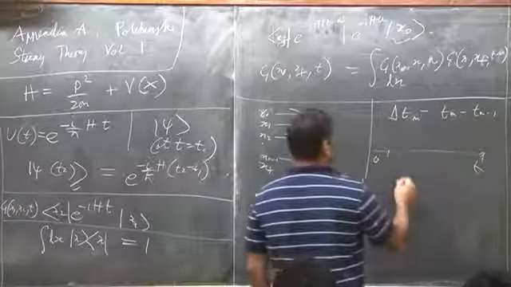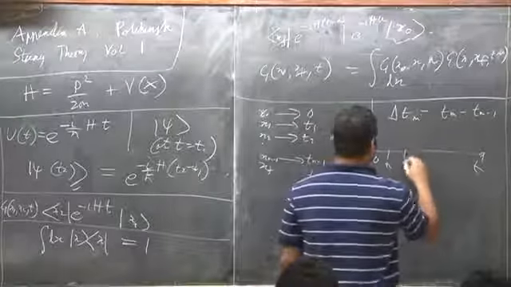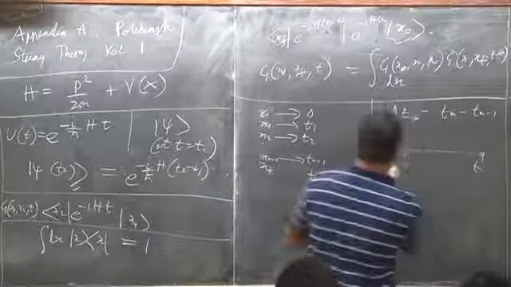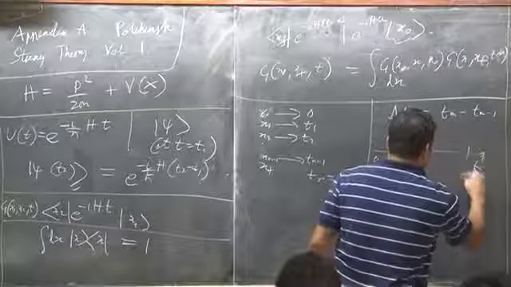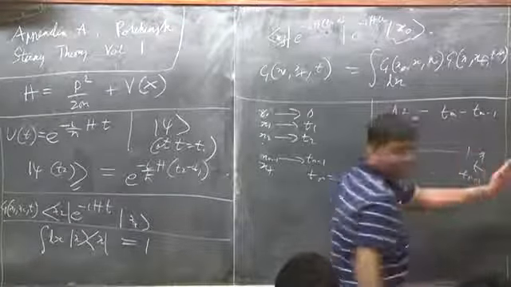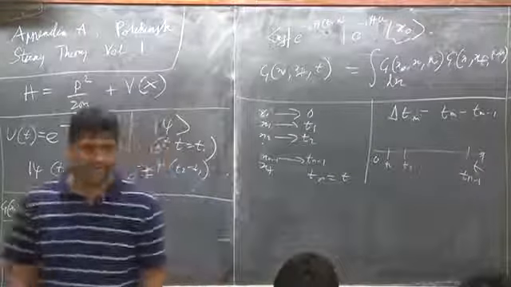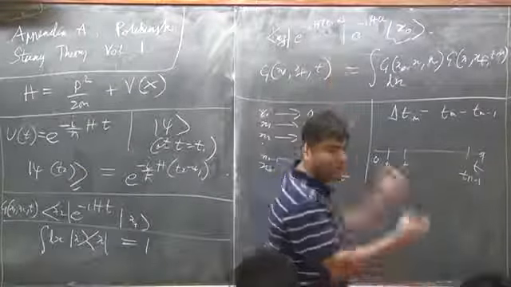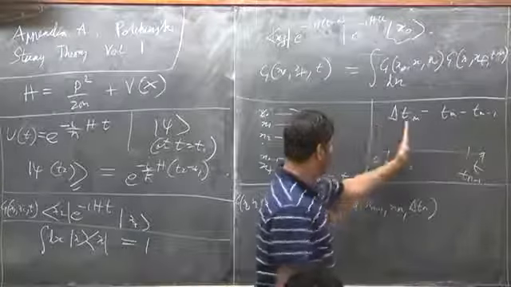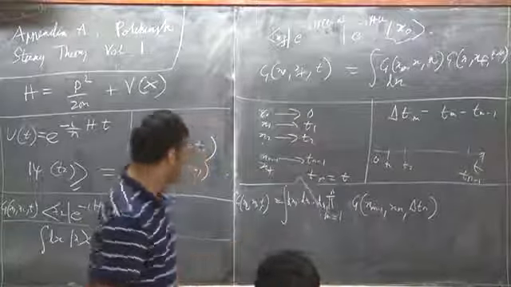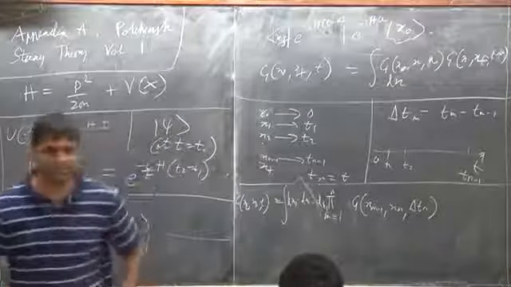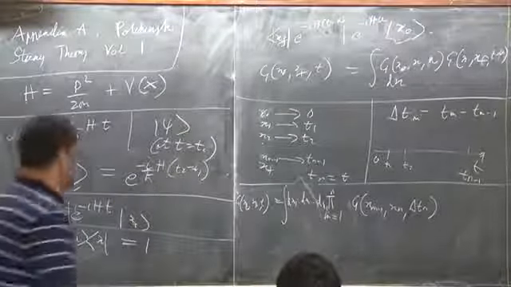The first subpart is between 0 and t1, the second one is t1 to t2, up to t n minus 1 to t. Then we take this evolution operator on n level subintervals. There are n minus 1 intermediate positions, and we have to integrate over those intermediate positions. This is an obvious idea.